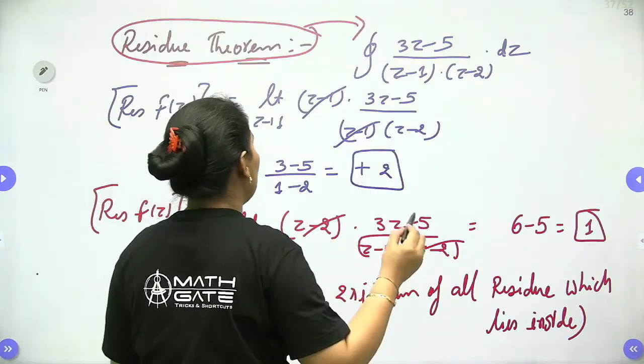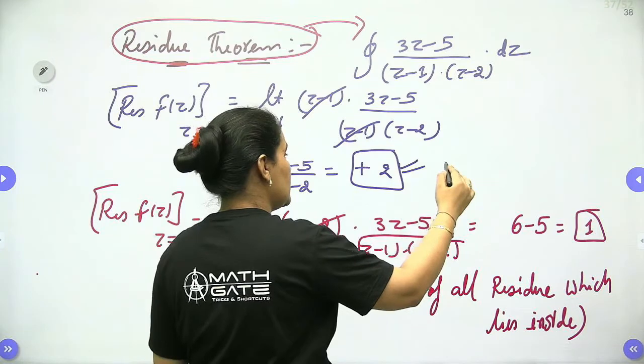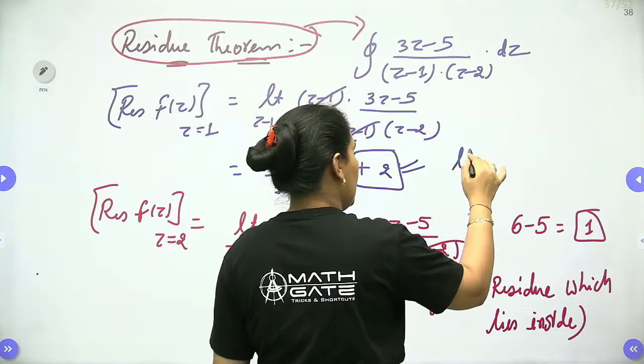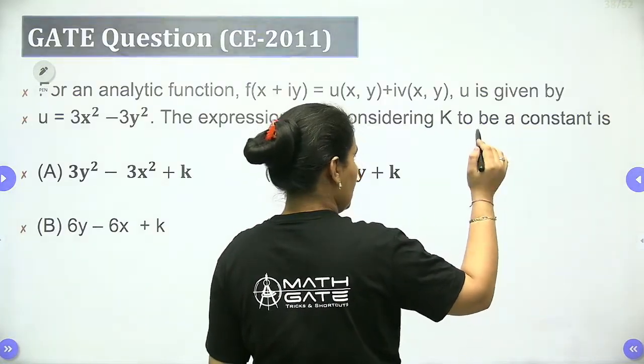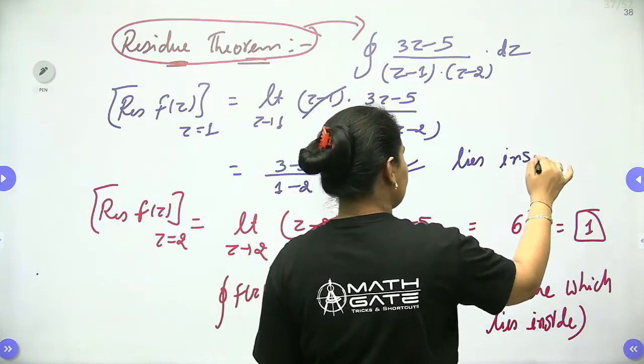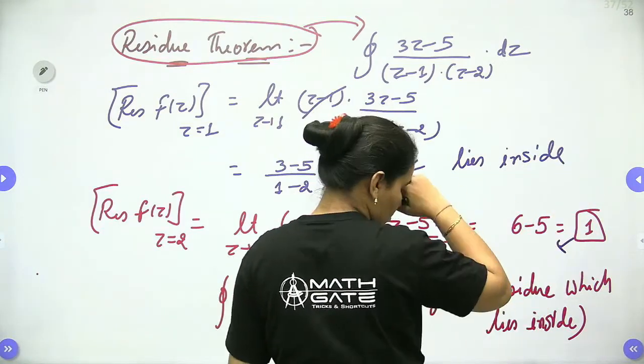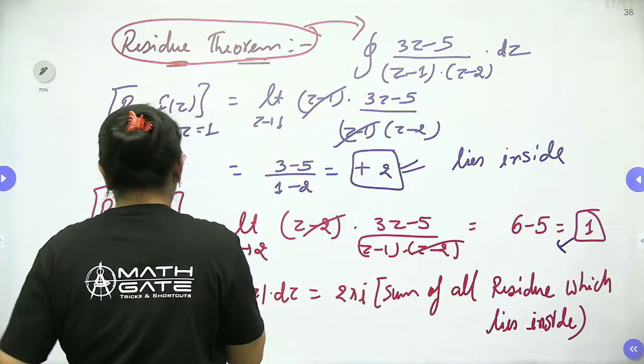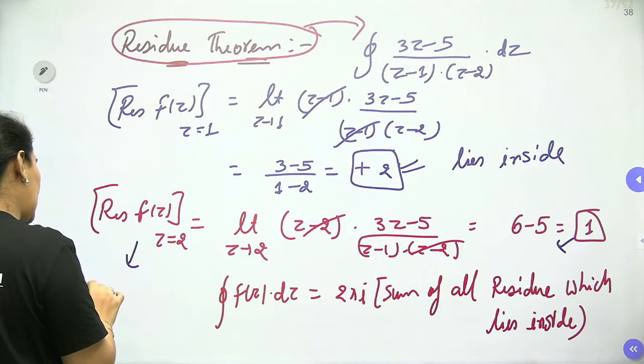Let us assume that z = 1 is lying inside and the residue at z = 2 lies outside.